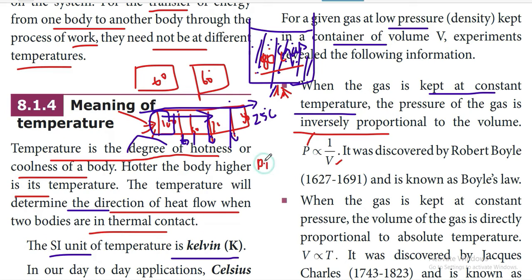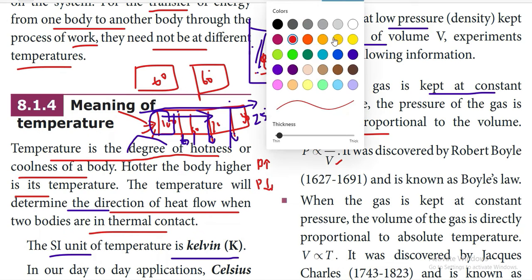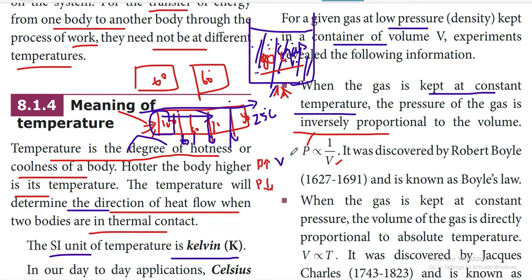So when pressure increases or decreases, what happens to volume? Volume decreases, volume increases. That is the situation for inversely proportional. This was discovered by Robert Boyle, and is known as Boyle's law.